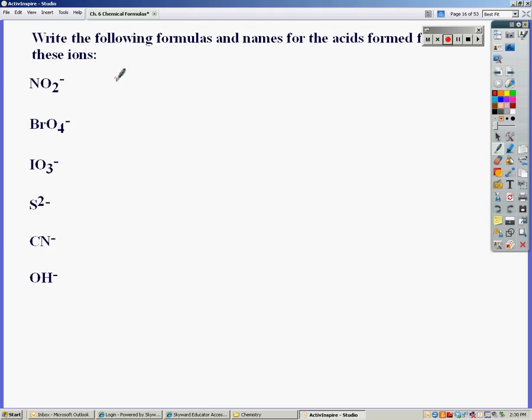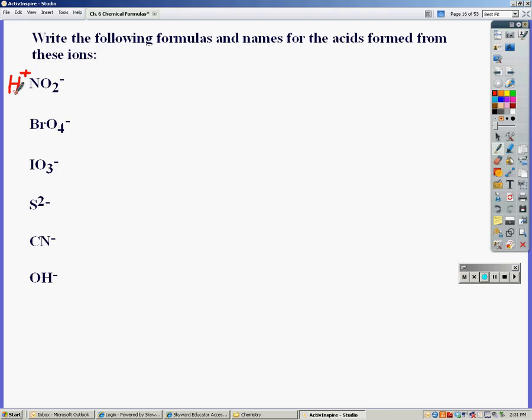Okay, now we're going to write formulas and names. We already did names, but let's try writing formulas. And it's really no different than writing a formula for an ionic compound. We do crisscross of their charges, except when it's an acid, we know that always your hydrogen ion is first. So I'm going to write hydrogens all the way down here, and each one of them is a +1 ion.